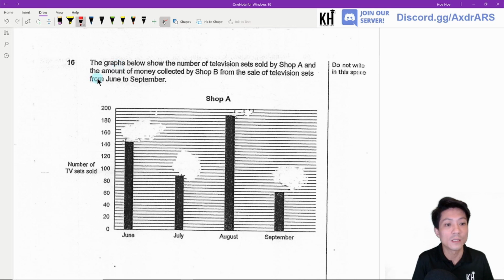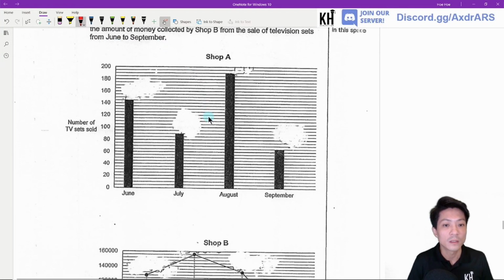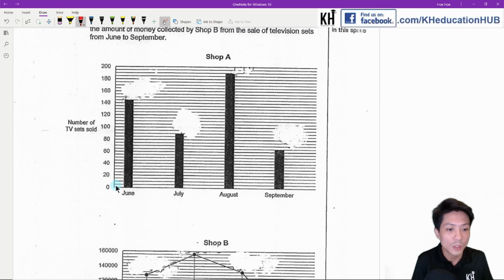Okay, question 16. The graph below shows the number of television sets sold by shop A and the amount of money collected by shop B from the sale of television sets from June to September. Let us try to write down the values first. Each bar is a 5, right? 5, 10, 15, 20. So this will be 145.